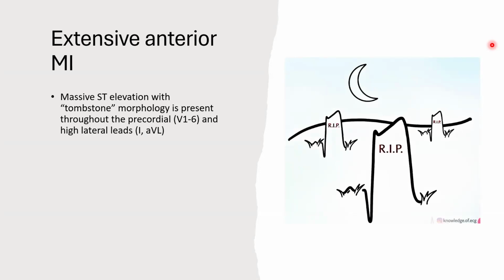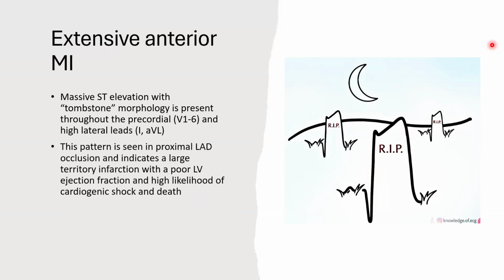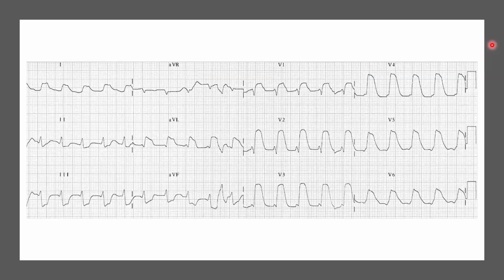When we see the tombstone morphology, it indicates an infarction in the proximal LAD, or LAD occlusion, and it denotes a very poor LV systolic function, which also increases the likelihood of cardiogenic shock and death. Actually, mortality in these cases happens 35% of the time. So this is a very distinctive tombstone appearance in the EKG of the extensive anterior MI.